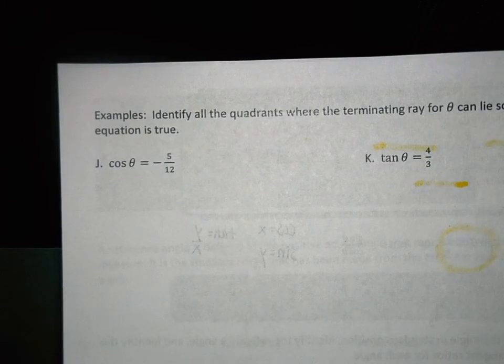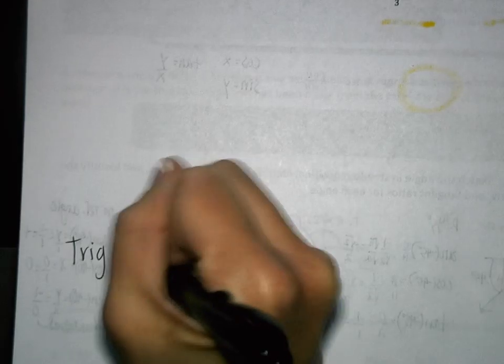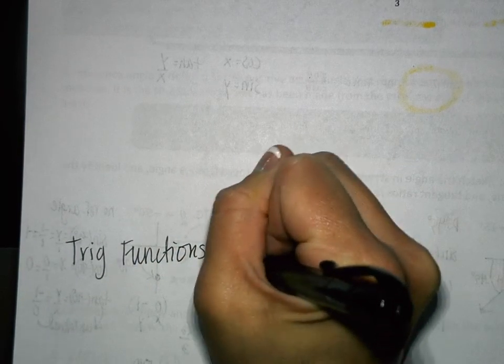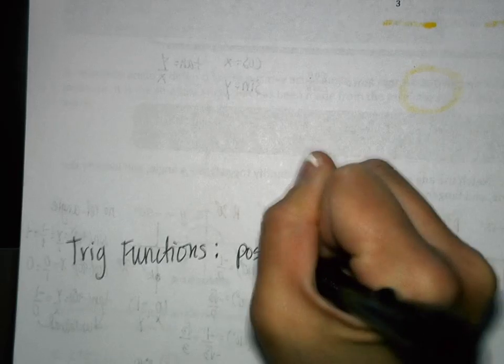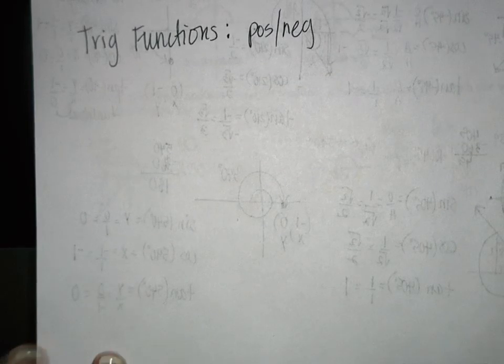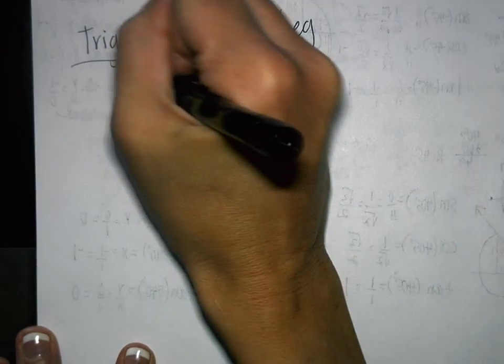But honestly, before we do these examples, I want to give you some important things that you need to remember. In terms of trig functions, I want you to think about these in terms of positives and negatives, and we're going to do some little trig function graphs. This is like the bottom half of your paper. We know that sine is dealing with y, correct?